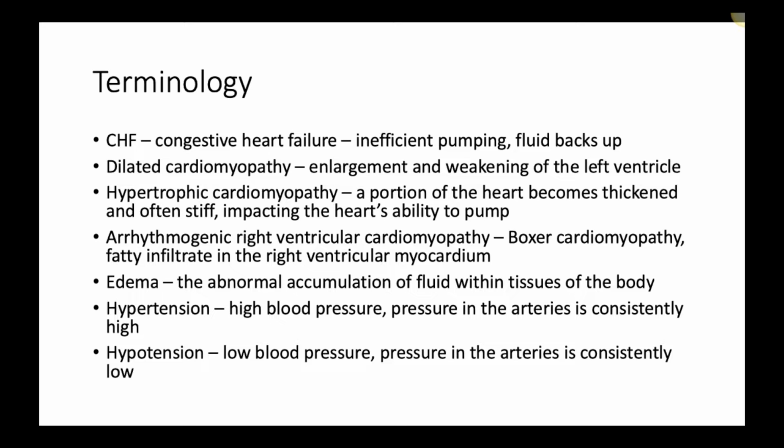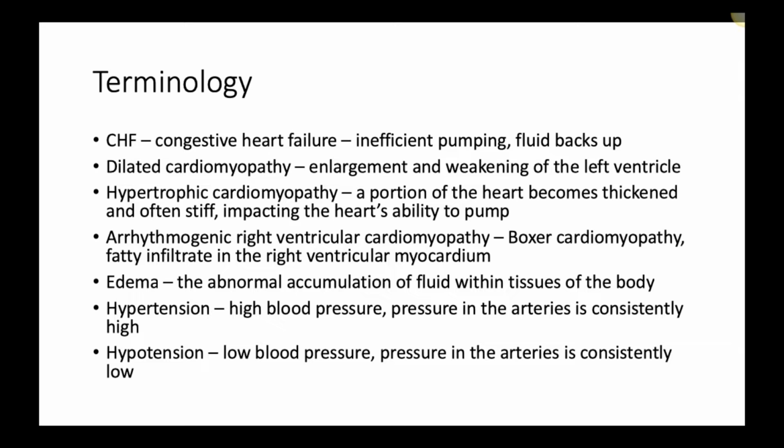Dilated cardiomyopathy, there is enlargement and weakening of the left ventricle. I think of dilated cardiomyopathy as a floppy heart, a heart that is maybe a bit lazy, doesn't really want to contract, doesn't really want to work very hard. And then we have hypertrophic cardiomyopathy, where a portion of the heart becomes thickened and often quite stiff, which impacts the heart's ability to pump.